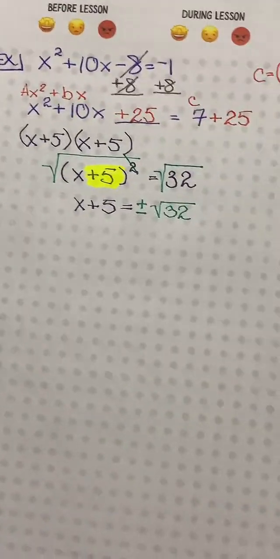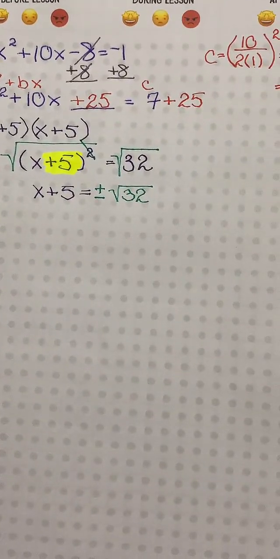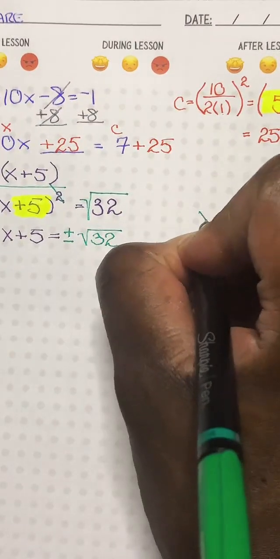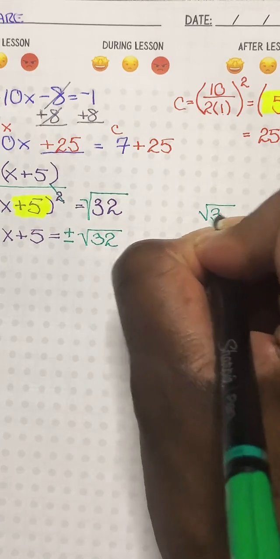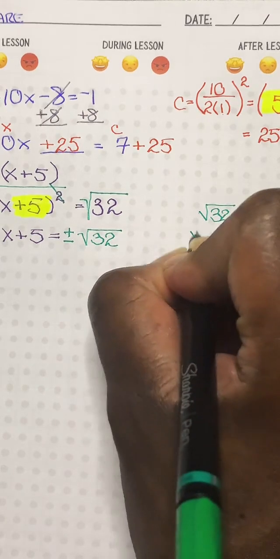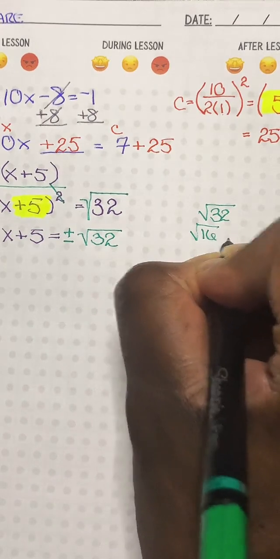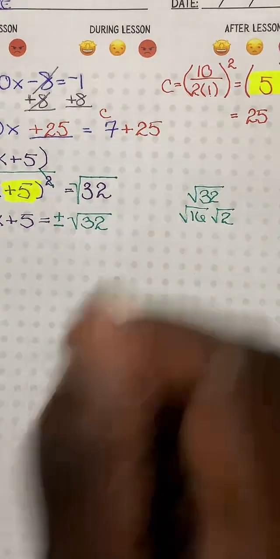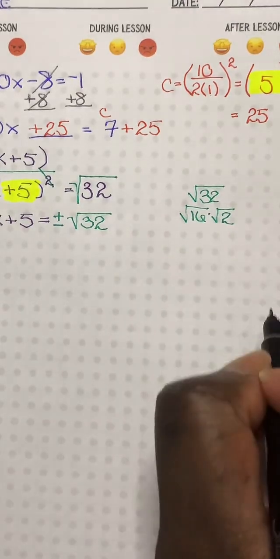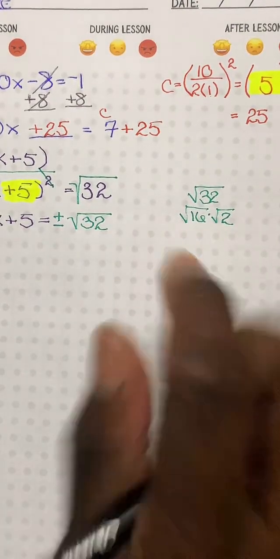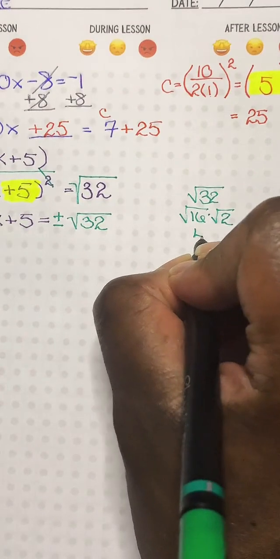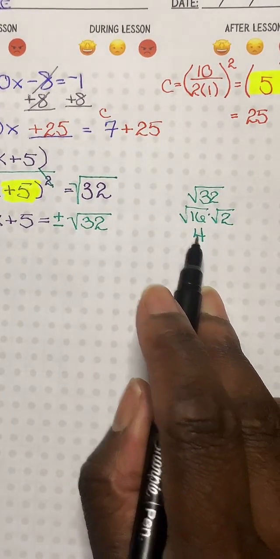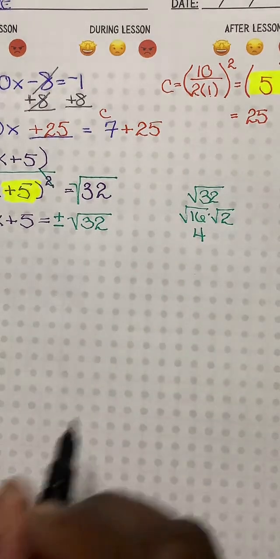So when I come back here, I'm going to put it off to the side over here. I got the square root of 32. I know that the square root of 16 times the square root of 2 will give me my square root of 32. But the square root of 16, that's a perfect square root, which gives me 4, because 4 times 4, or 4 squared, gives me the 16.